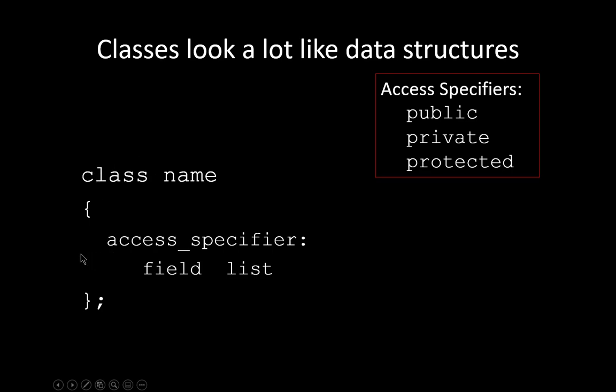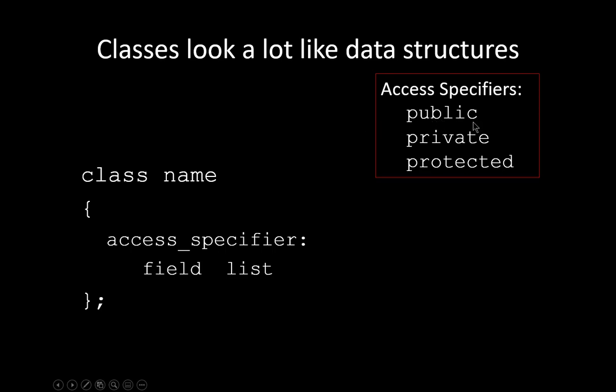Now, one of the things you have to do is specify what are called access specifiers. That's whether or not your variables or functions are public, private, or protected. Very seldom do you end up using protected. Most of the time you're going to be dealing with public and private.